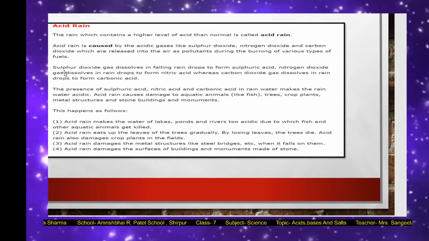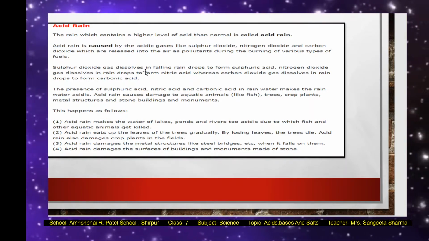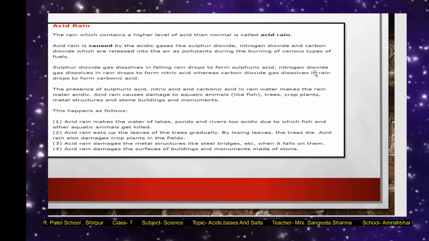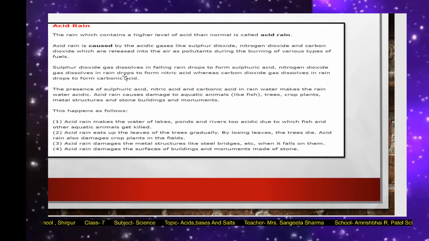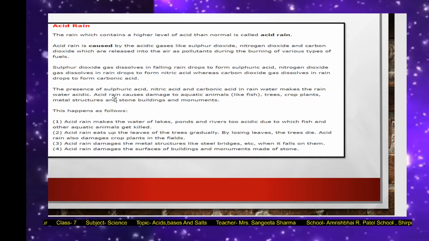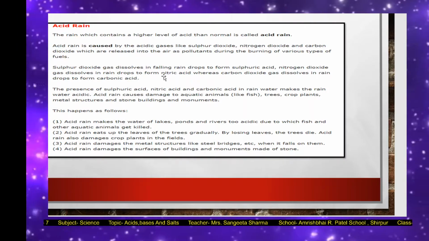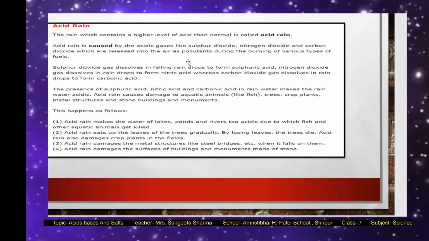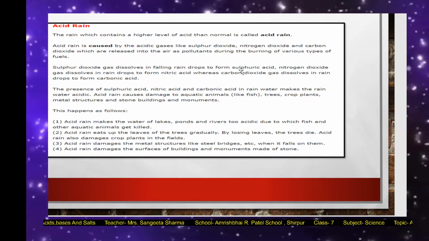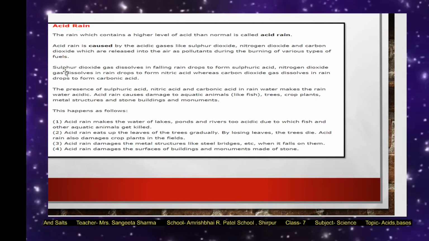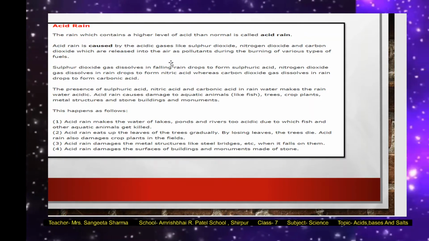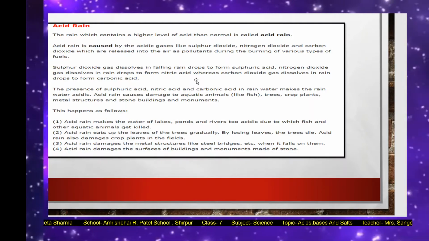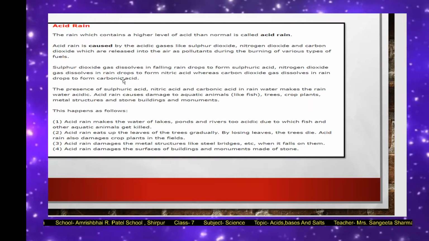Sulfur dioxide gas dissolves in falling raindrops to form sulfuric acid. Nitrogen dioxide gas dissolves in raindrops to form nitric acid, whereas carbon dioxide gas dissolves in raindrops to form carbonic acid.